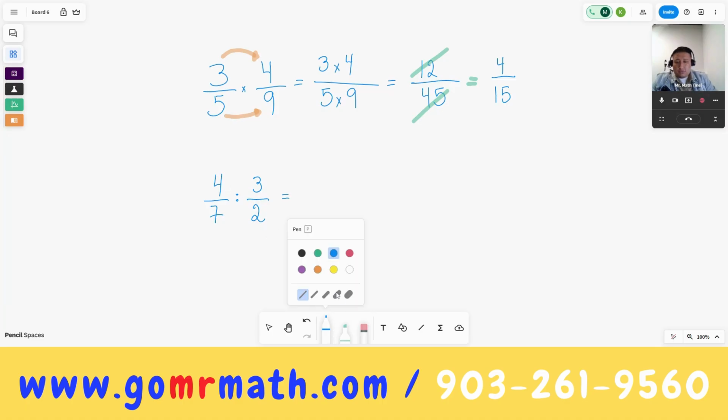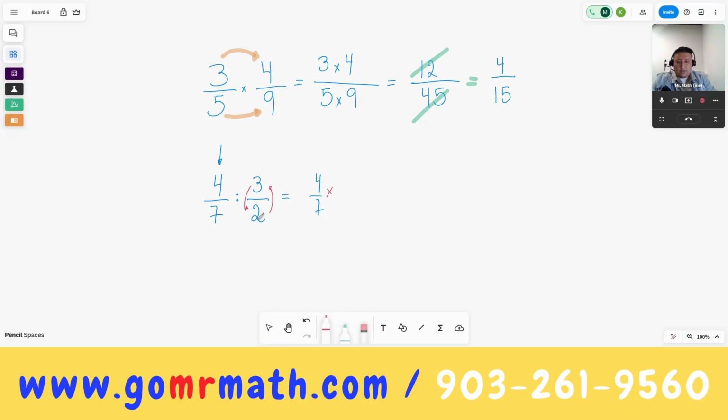The process will be to keep the first fraction, 4 over 7. We're keeping this one. And what are we doing with the second fraction? We will flip it over. The numerator becomes the denominator, and the denominator becomes the numerator, and the division will change to a multiplication.